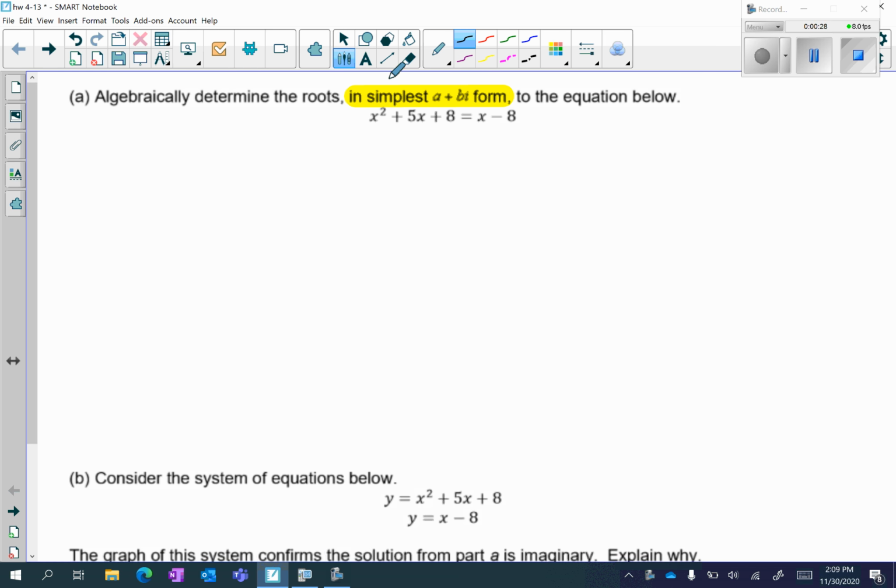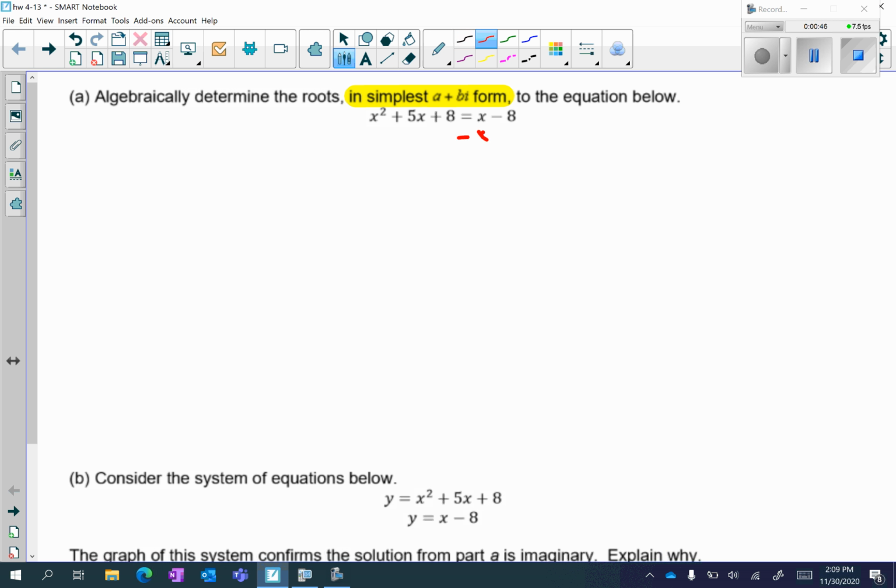As soon as I see the phrase simplest a plus bi form, I know that I have to use the quadratic formula. I shouldn't even bother factoring because I'm going to get complex roots, and when I factor, I don't get any i's. So I need to have this in standard form before I solve with the quadratic formula, which means I have to set it equal to 0.